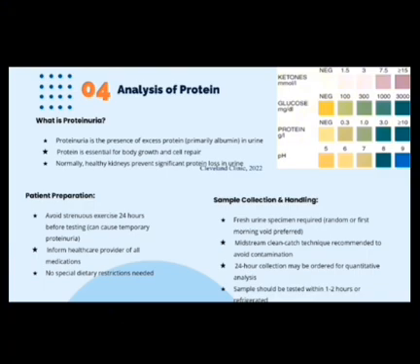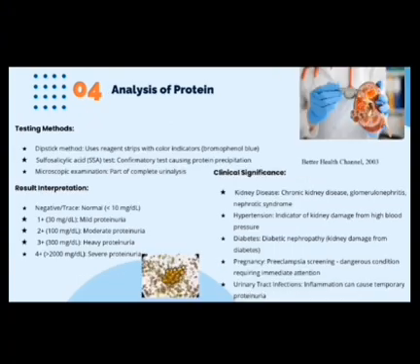A 24-hour collection may be ordered for quantitative analysis, and samples should be tested within 1 to 2 hours or refrigerated. The protein test can be done by the dipstick method, which uses reagent strips with color indicators, bromophenol blue, the sulfosalicylic acid (SSA) test, a confirmatory test causing protein precipitation, or a microscopic examination.